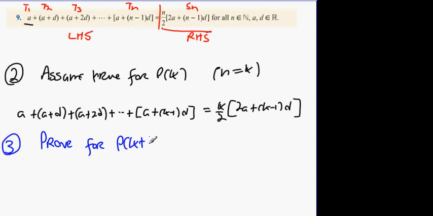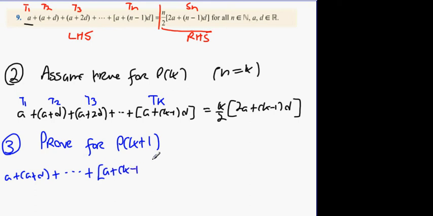Now, when you prove for p of k plus 1, it's once again a, plus (a plus d), plus the k term, so that's tk, all the way down to t3, t2, and t1. So tk is going to be a plus k minus 1 times d.